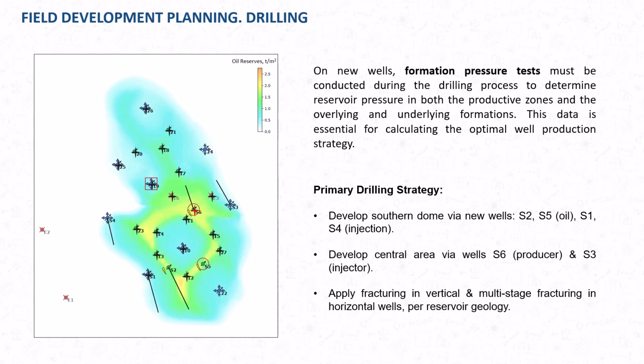As to the drilling strategy, if we build the correct geology, if we correct the mistakes of the previous petrophysical team concerning oil-water contact, concerning the reservoir continuity, we would see that the current reserves map looks like this on the left.